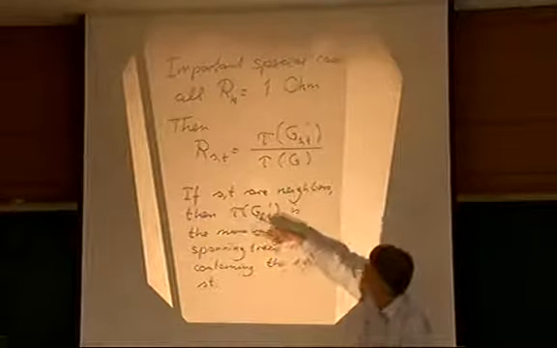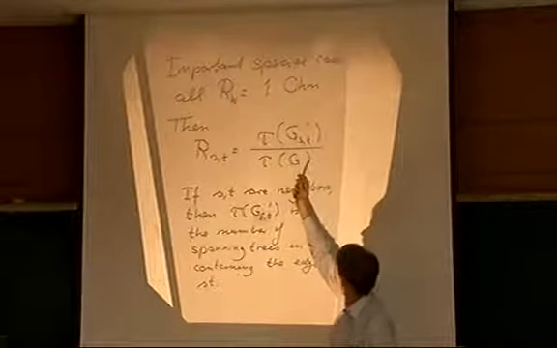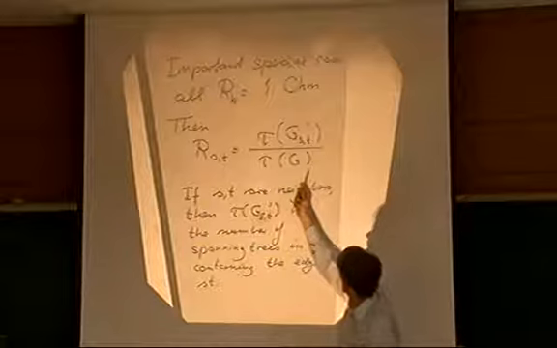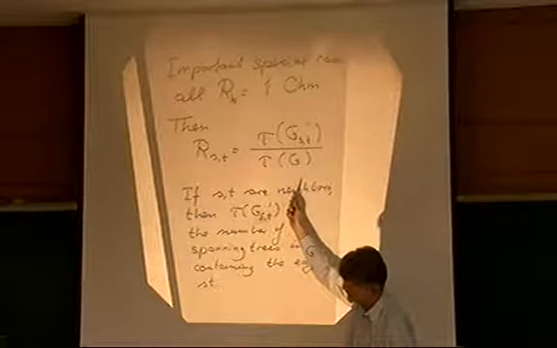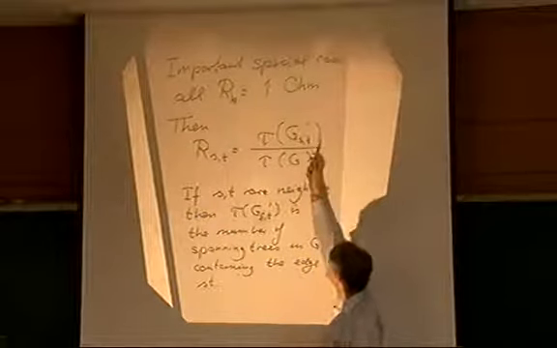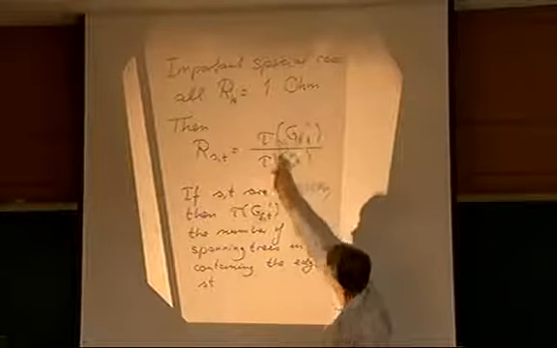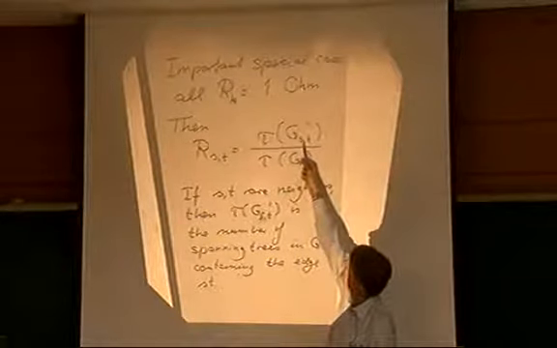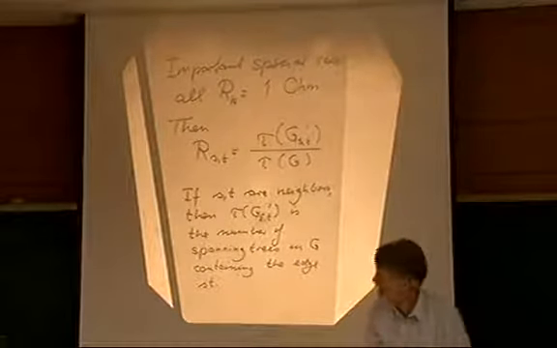It's a fraction, and in the numerator you have the number of spanning trees of the graph, and in the denominator you have the number of spanning trees in the graph you obtain by identifying S and T.